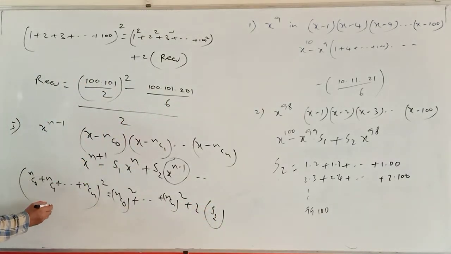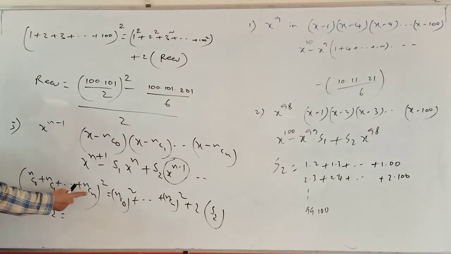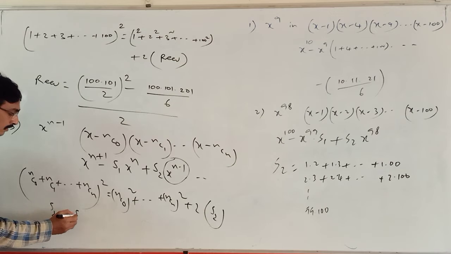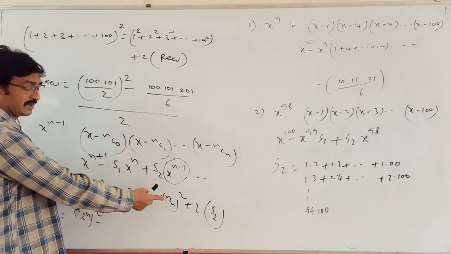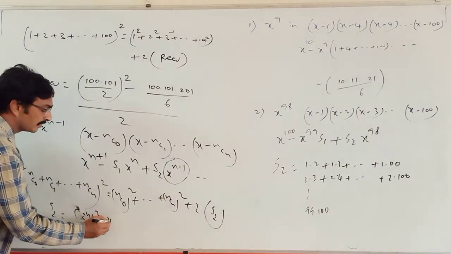From this, required S2 equals, all of you know the formula, (2 power n) whole square minus (C0 square plus C1 square plus and so on Cn square), formula 2nCn.